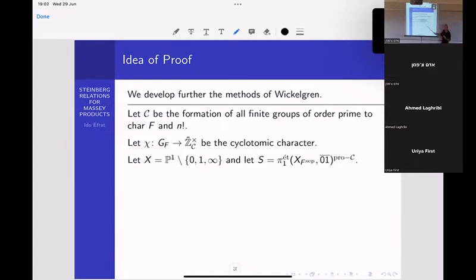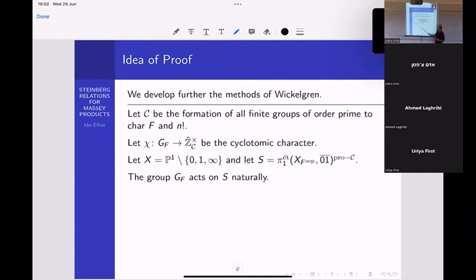Now, if you're not familiar with this stuff, never mind. There will be just two or three facts that we will need, algebraic facts that I will state very precisely and clearly. It's not as complicated as it looks.